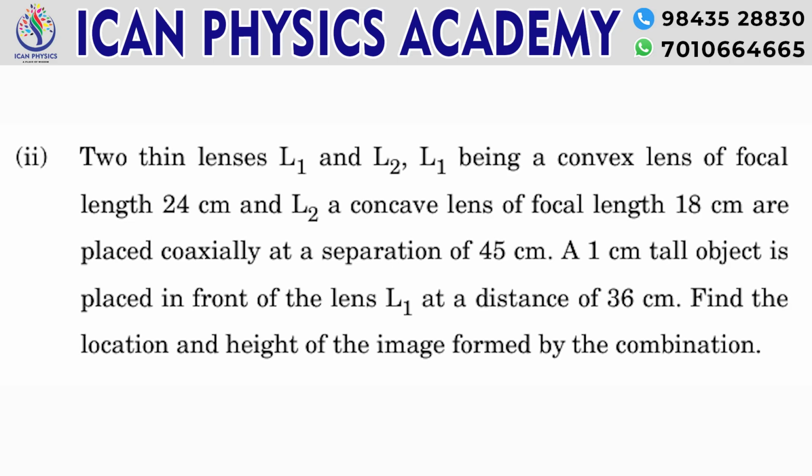A 1 centimeter tall object is placed in front of the lens L1 at a distance of 36 centimeter. Find the location and height of the image formed by the combination.